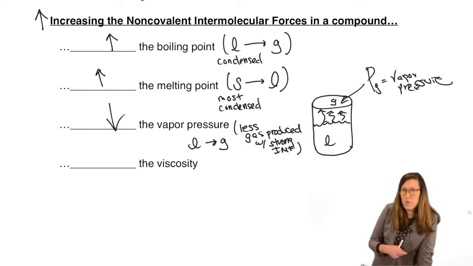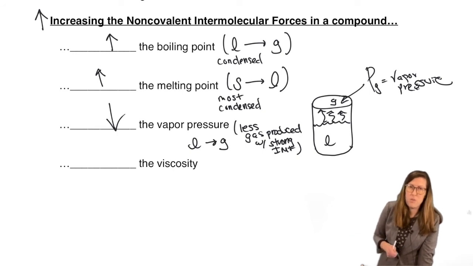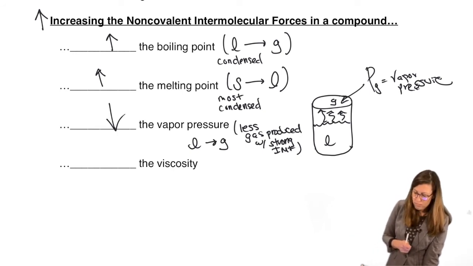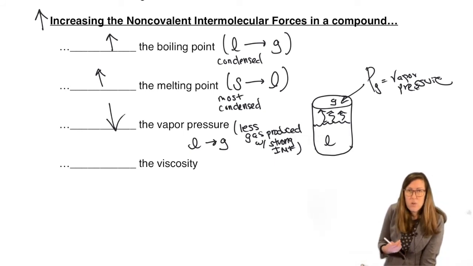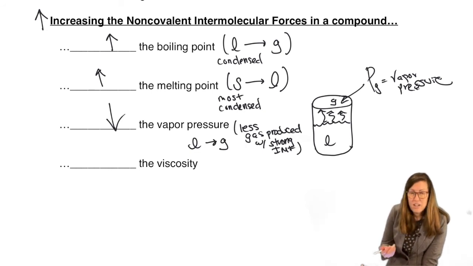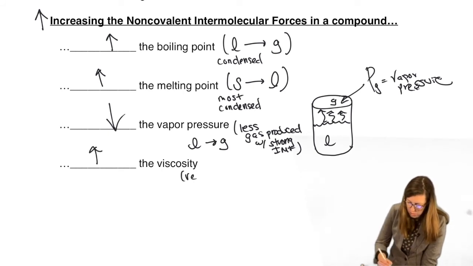So if you pour two things down a funnel and one is very slow to come out, it's probably because it has very strong intermolecular forces. And it's just not strong enough to be a solid yet, but it flows. So something with lower flow, because of the stronger intermolecular forces, means that it has a higher viscosity. So it increases the viscosity. So just in case you don't remember what that term was, resistance to flow for a liquid.